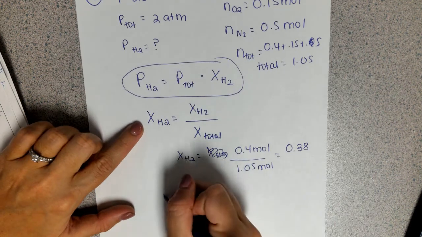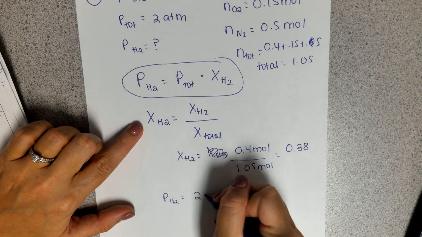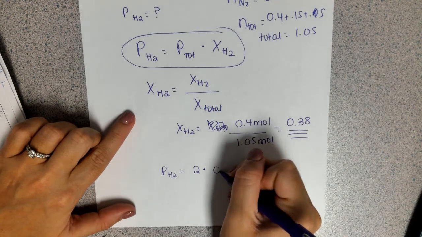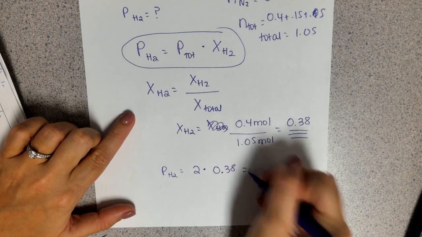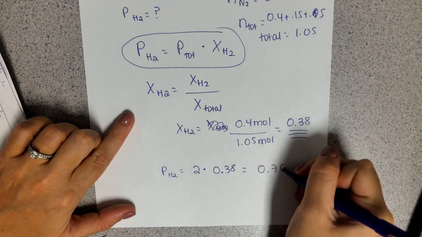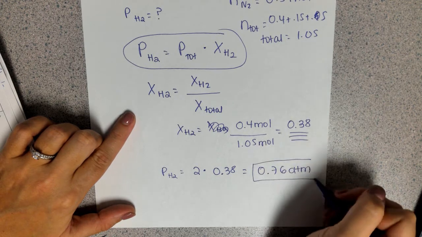So pressure of hydrogen equals the total pressure 2 times the mole fraction of hydrogen, which is 0.38. Multiply those numbers, and the pressure of hydrogen in this gas is 0.76 atm. And that would be your answer.